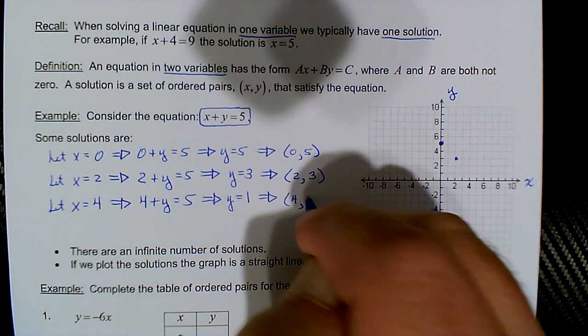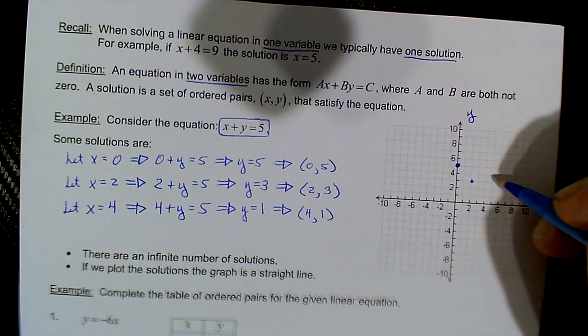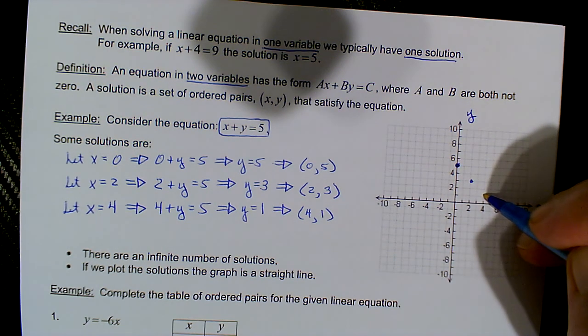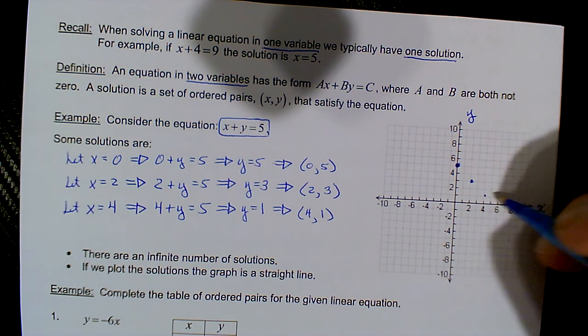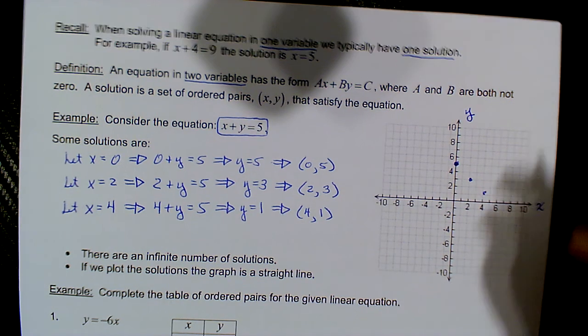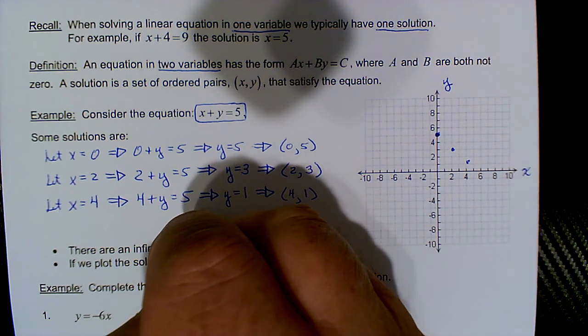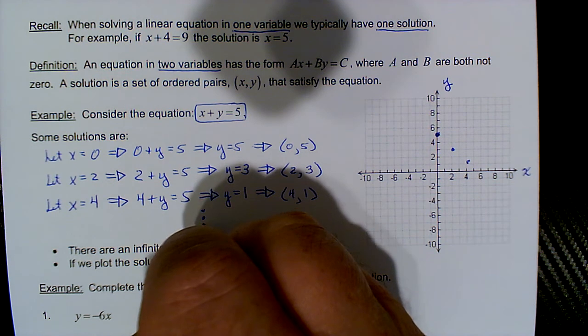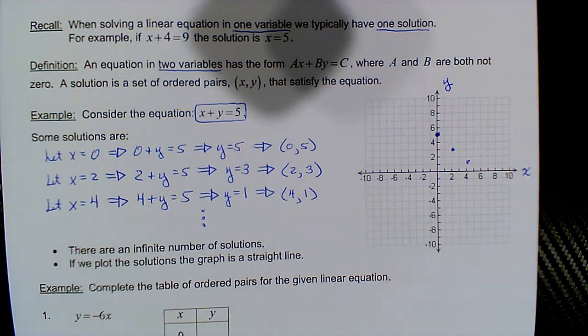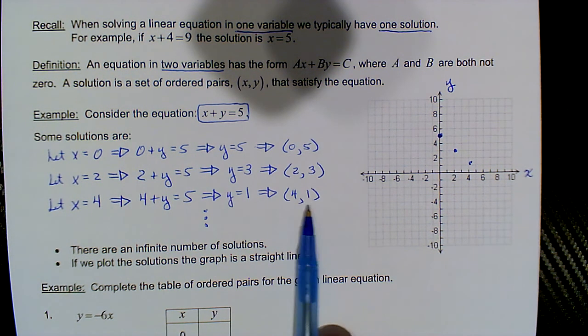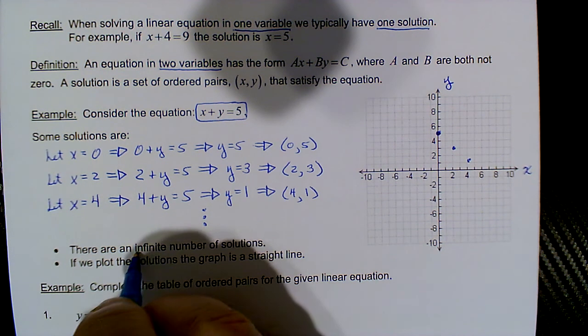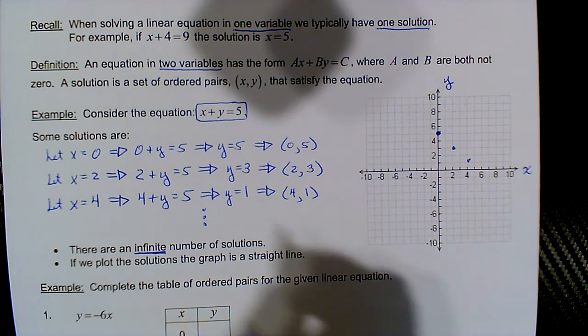So then we have the ordered pair 4 and 1, and we could plot that as well. And we can continue to do this, pick any value of x that we want, and generate the corresponding y values, and generate an infinite number of solutions.